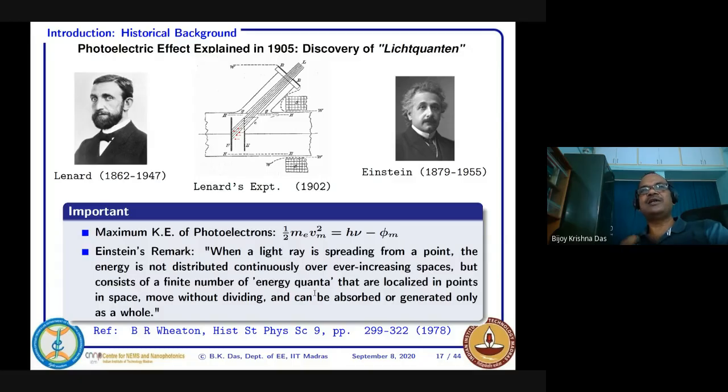Electron has a mass, it has a size, and how can it acquire energy like this? So he concluded that probably energy is like a point, a particle is there. When that particle hits the electron, it completely gives its energy to the electron, and in return the electron gives a little bit of energy to satisfy the binding energy of the metal and then comes out.